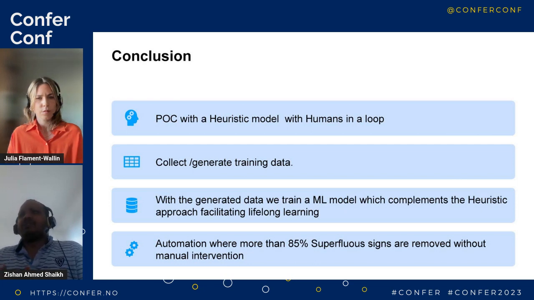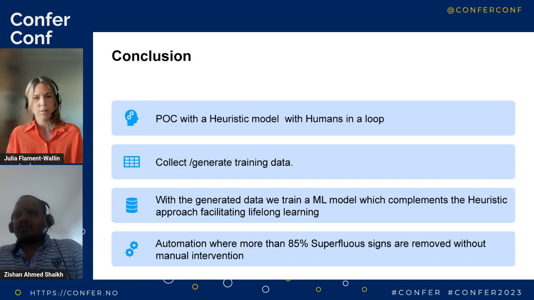Thereafter, we trained a machine learning model with AutoML, which is complementing this heuristic approach. And using an ensemble of these models, we are able to reach a quality threshold where we can automatically learn and remove signs from the map.